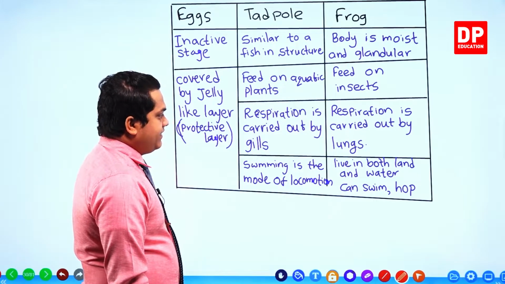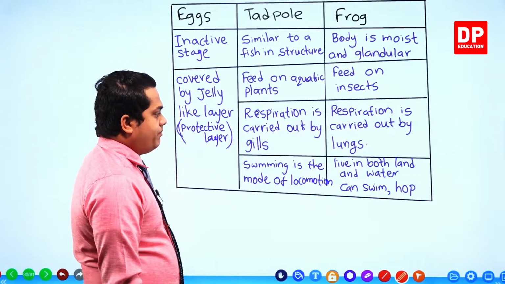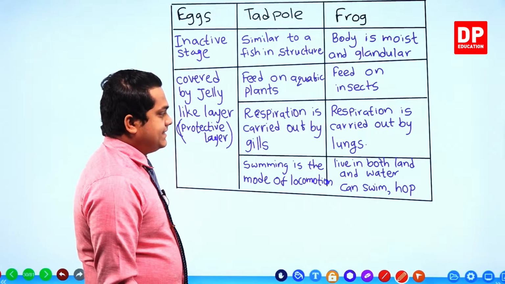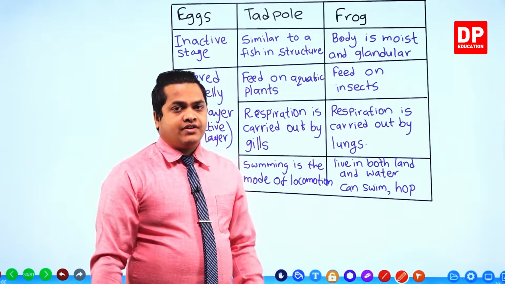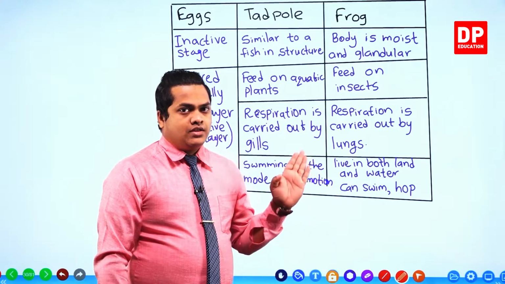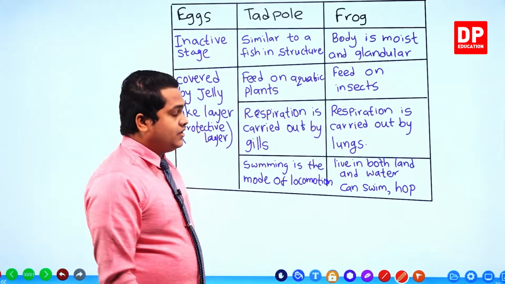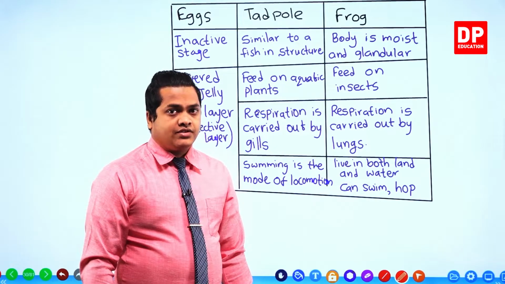So they live in both land and water, can swim and also hop. Okay, these are the different features that we can observe between the egg stage, the tadpole stage and the adult frog, my dear children.